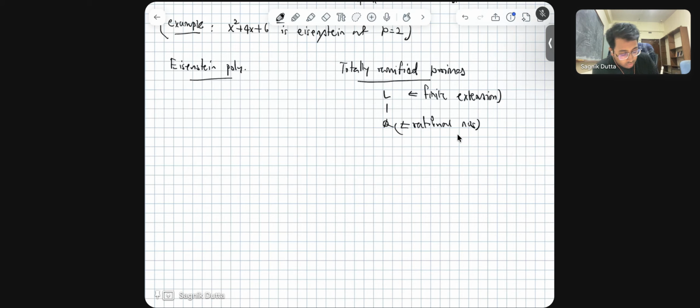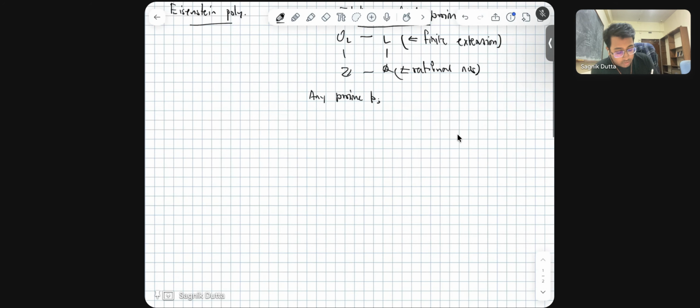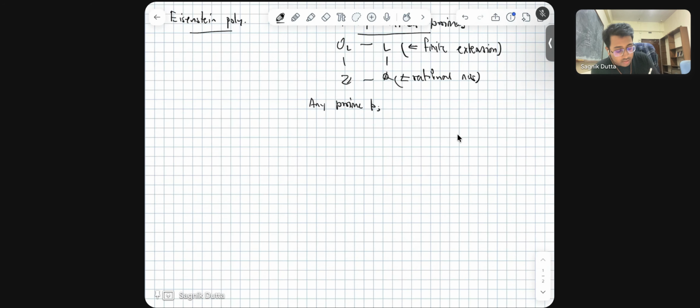If you start with any prime number from Z, where the ring of integers here is Z and here I'm calling it OL, and you look at the ideal generated by p, not inside Z but inside OL, write it like this.